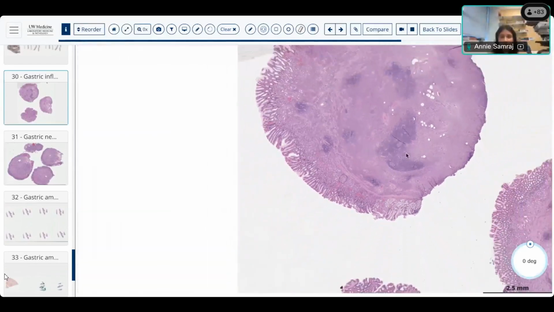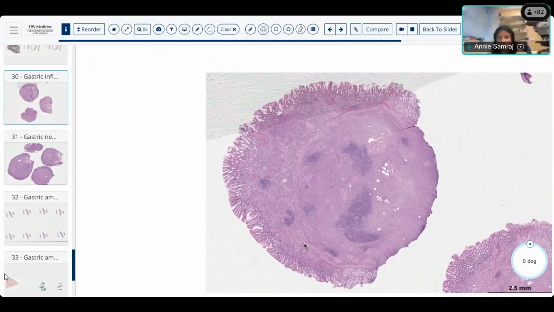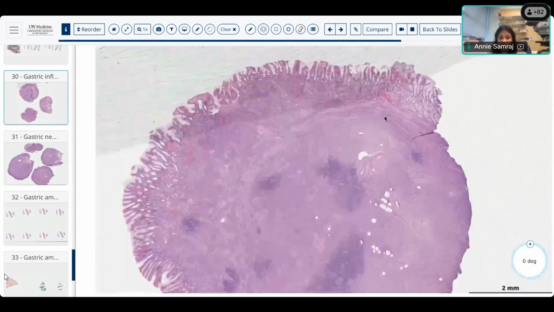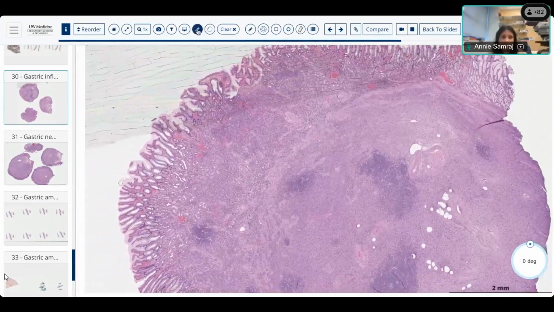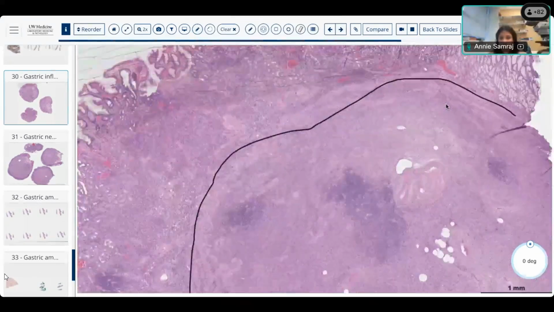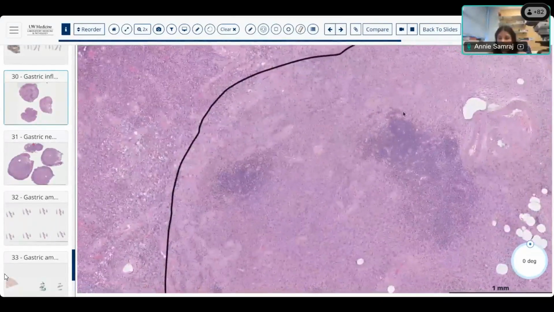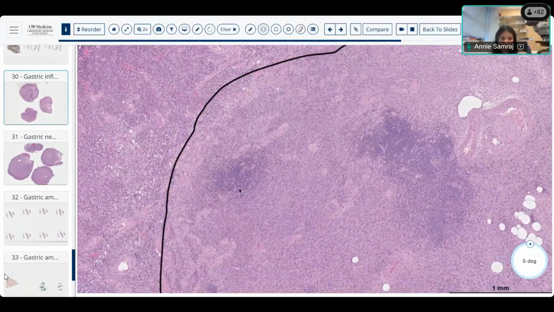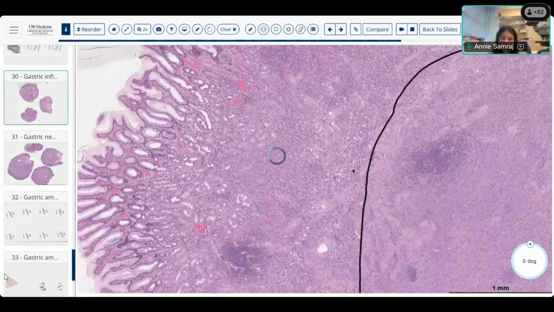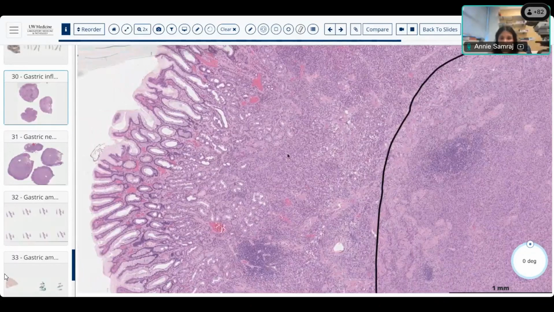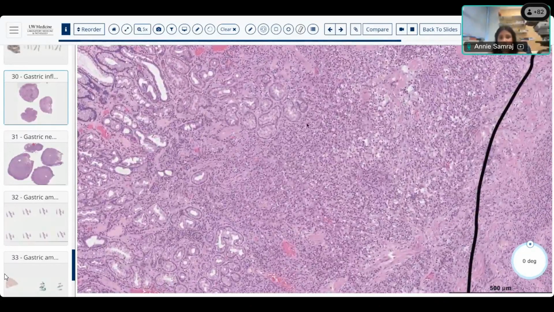And then something here is very wrong with the submucosa, right? Here, this is the muscularis mucosae, what I'm drawing here. You can see that we have a lesion in the submucosa, but it's also coming into the mucosa as well.